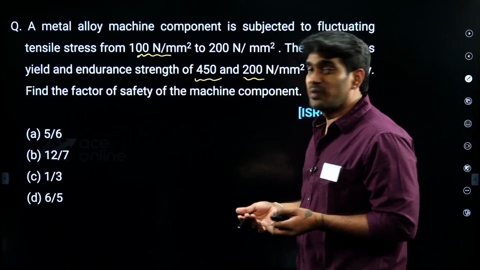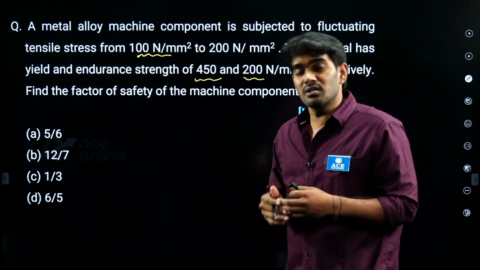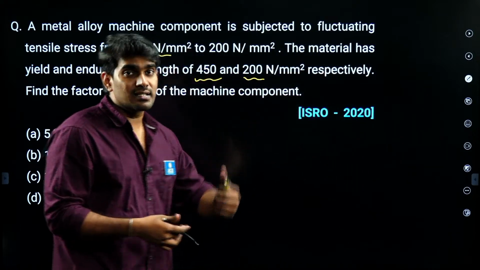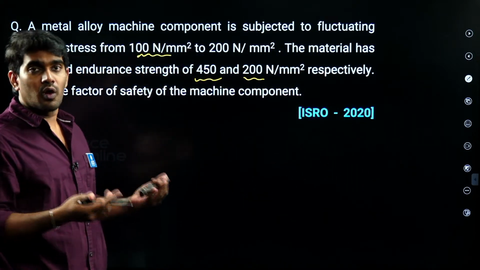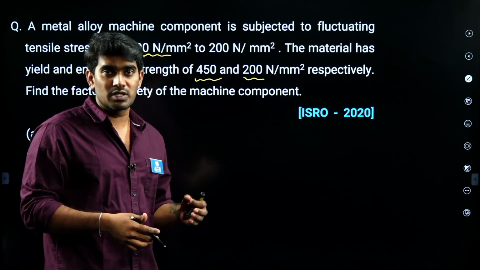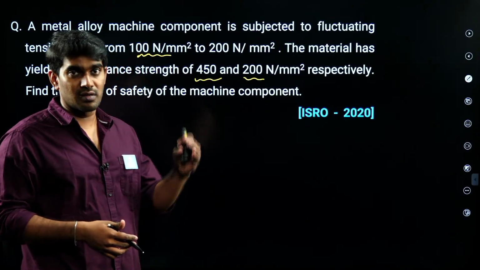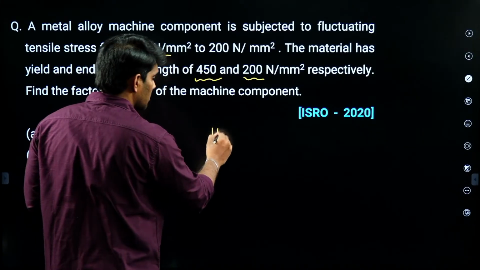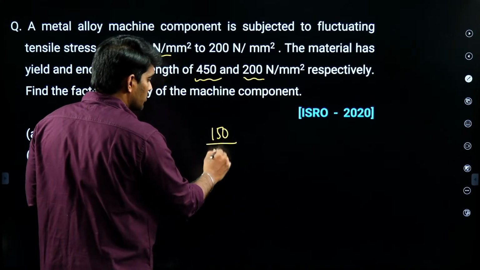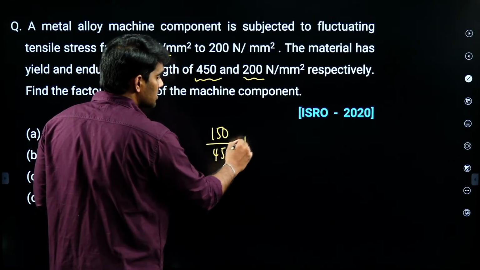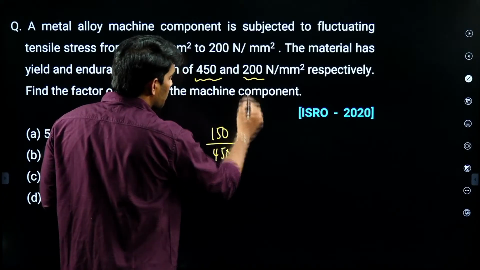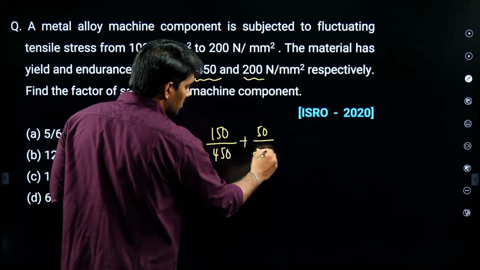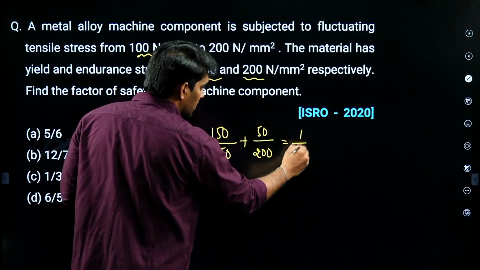As this is fluctuating loading, we need to consider fluctuating theories of failure. As yield is given, we need to consider Soderberg theory. According to Soderberg theory, mean divided by SYT plus amplitude divided by SE is equal to 1 by factor of safety. Mean is 150 divided by SYT, which is 450, plus amplitude 50 divided by endurance 200, is equal to 1 by factor of safety.